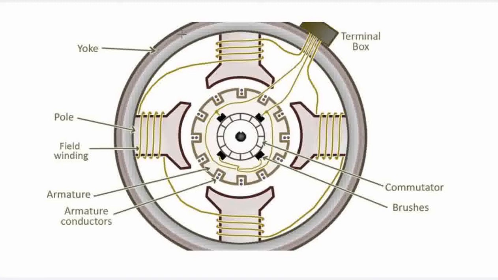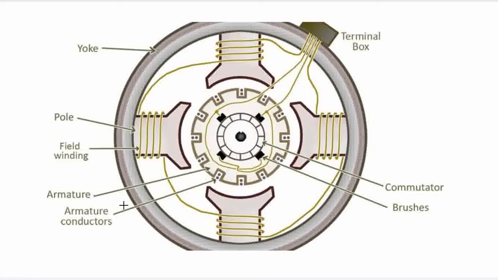So the main function is to offer mechanical support for the poles and protect the entire machine from moisture, dust and other external factors. The yoke is made of cast iron as well as cast steel. Okay, the material used for the yoke depends upon the rating of the machine.